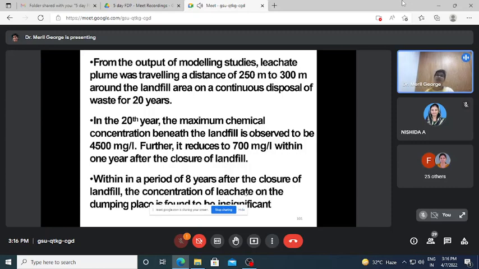So in the 20th year, maximum chemical concentration beneath the landfill was observed to be 4,500 milligram per liter. Further, it reduced to 700 within 1 year after the closure of landfill. So within a period of 8 years, it is getting nullified, or the concentration of chemicals in the leachate on the dumping place was found to be insignificant.